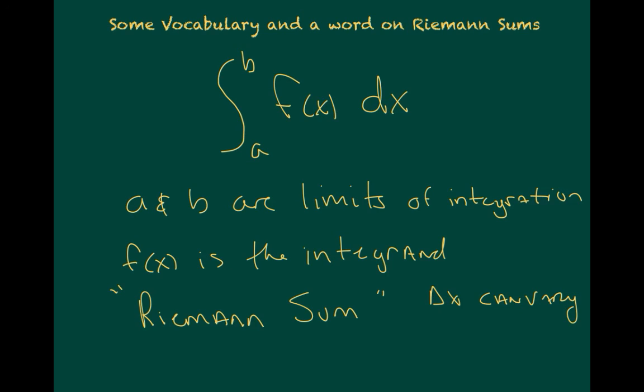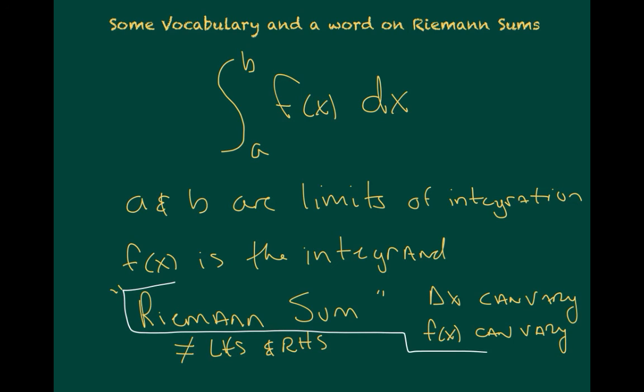The f of x can be any f of x within each subinterval. So we refer to left-hand sums and right-hand sums as Riemann sums, but they really aren't exactly correct. We use it interchangeably, but I want you to know that in a strict Riemann sum, the delta x can vary slightly, and the height can vary within the subinterval.